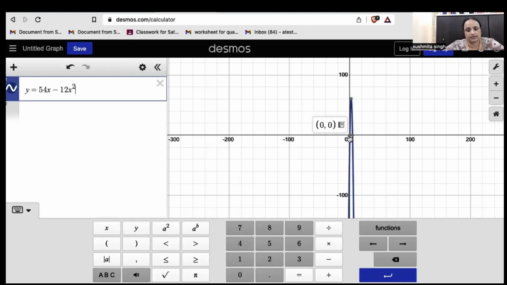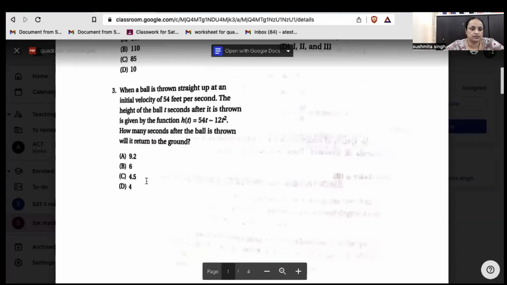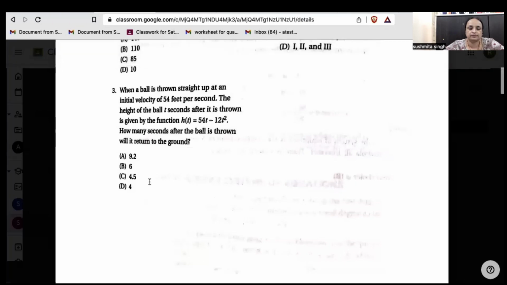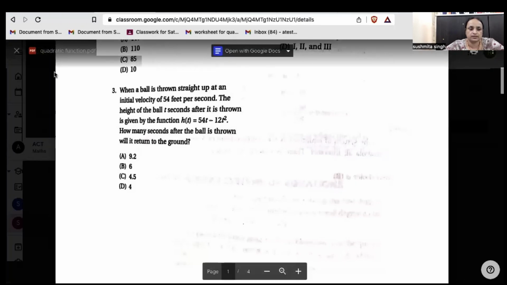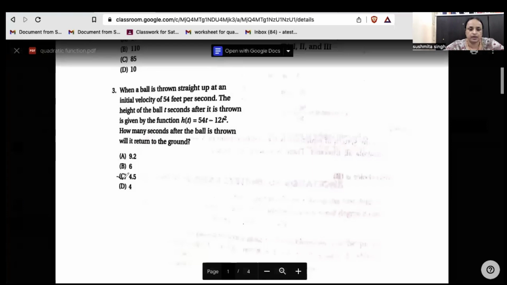Over here, it starts from (0, 0) and comes to the ground, because when y is 0, it comes to the ground. So that is 4.5. So the answer would be 4.5. Right? So C is the answer.